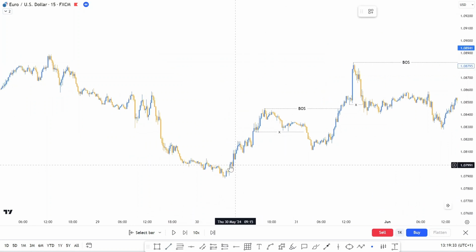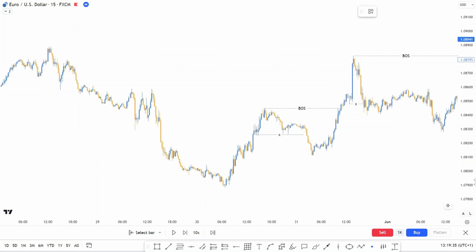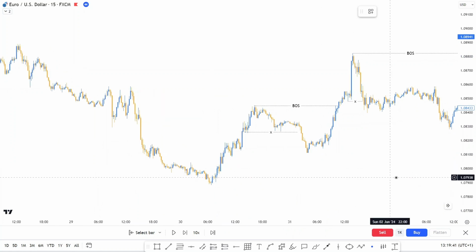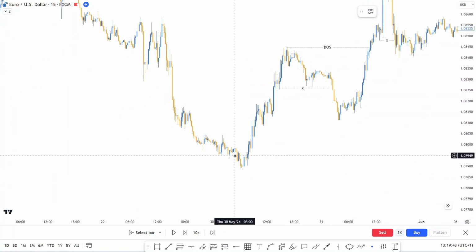Now we are almost at the beginning of this bullish trend. But how do we make sure this is the beginning of this bullish trend? We have to identify the latest change of character. If the market has broken structure here, then our change of character would be somewhere around here.